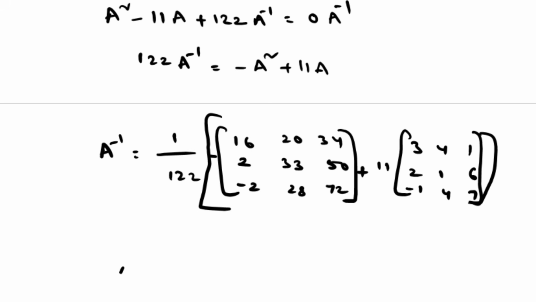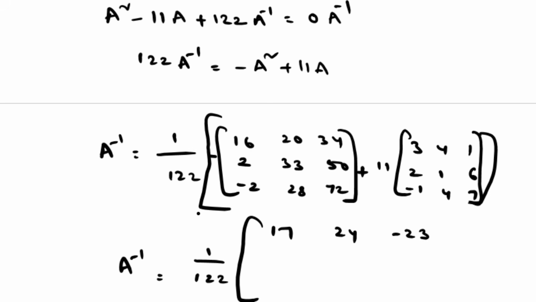Now we can obtain the value of A inverse is equal to 1 by 122 into 17, 24, minus 23, 20, minus 22, 16, minus 9, 16, and 5. This is the inverse matrix.